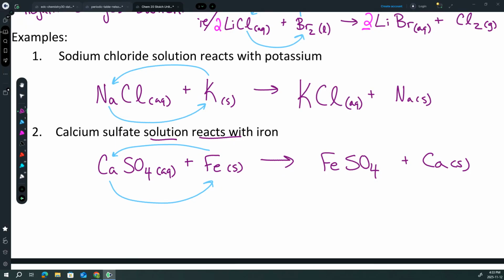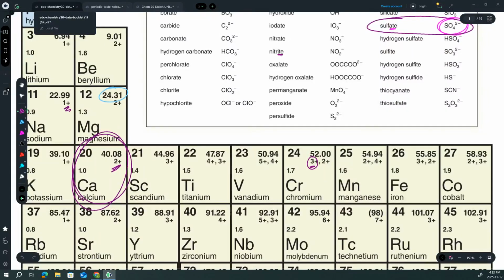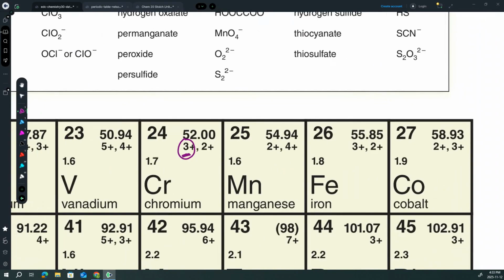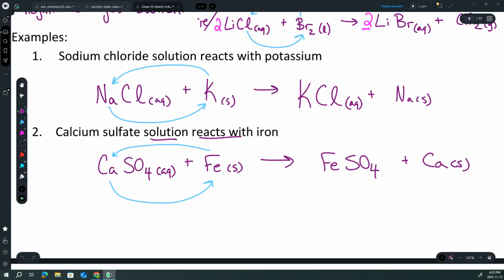Now for iron sulfate, the trick with iron is that it's a multivalent metal. We are going to assume that the ion that we're using is going to be the most common one. So that's going to be the first one listed. So the 3 plus is what we're using. So iron 3 plus. Sulfate likes to have a -2 charge.